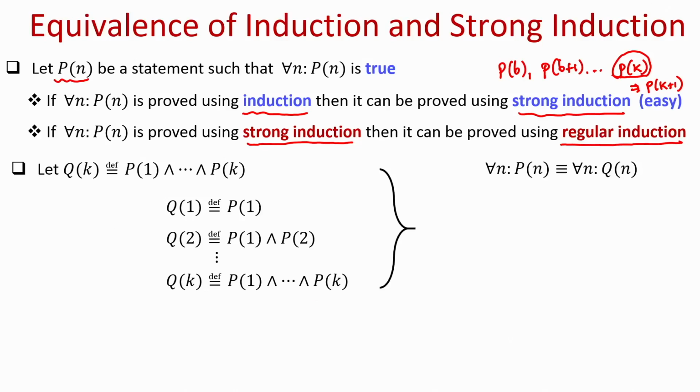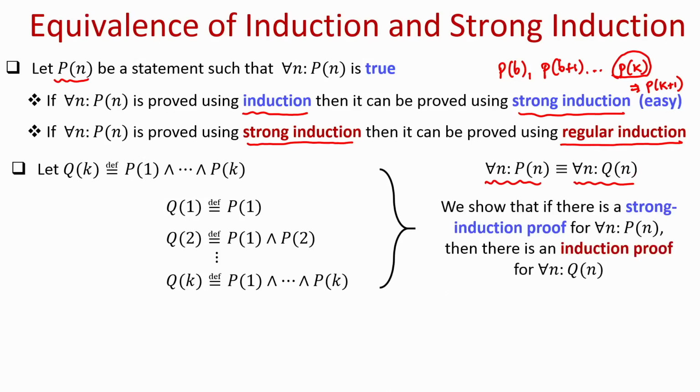From this I can conclude that the universal quantification for all n p of n is logically equivalent to the universal quantification for all n q of n. That means, if your property p is true for all values of n in your domain, then so is the property q, and this follows from the way I have defined my predicate q here.